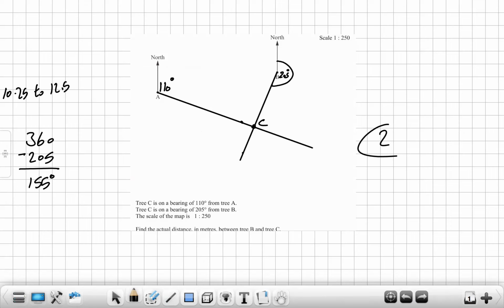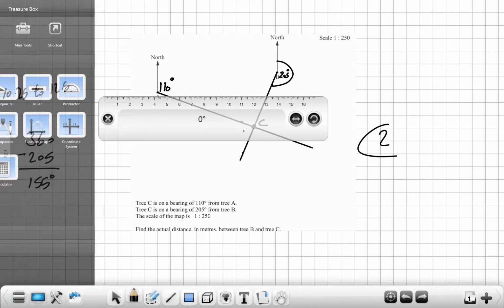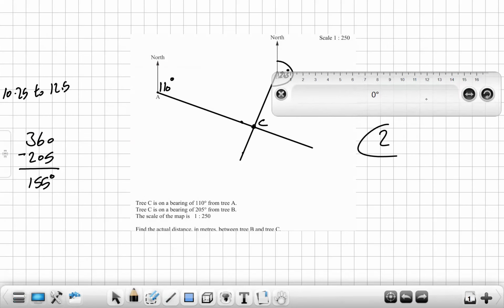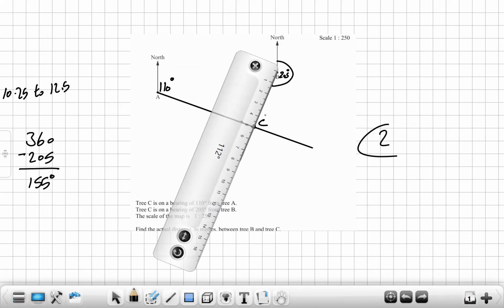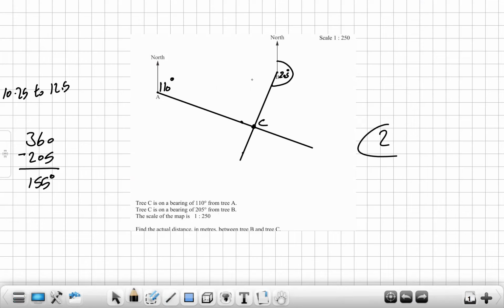Here you go. From point B until point C, as you see over here, it is 5 centimeters. It might be a little bit different on your paper. Okay, mister, but they want it in meters, and actually, how many meters is 1 centimeter on my drawing?